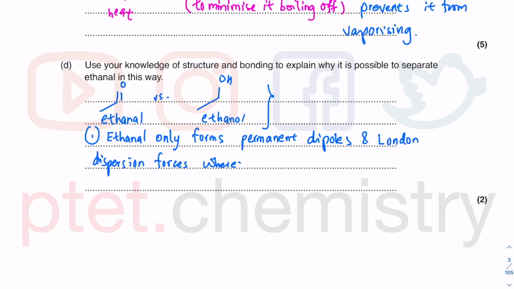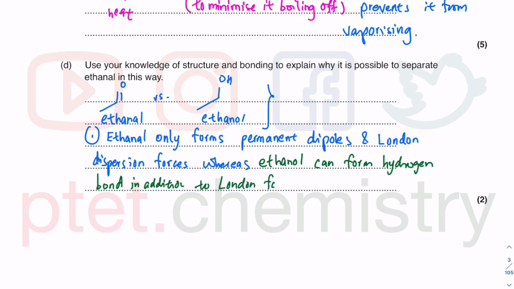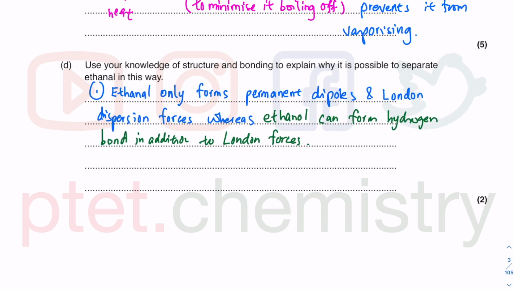Whereas we talk about ethanol. Ethanol can form hydrogen bonds, and hydrogen bonding is much stronger. It can form hydrogen bonds in addition to the London dispersion forces. So what we can really say is we talk about the strength of the intermolecular forces.